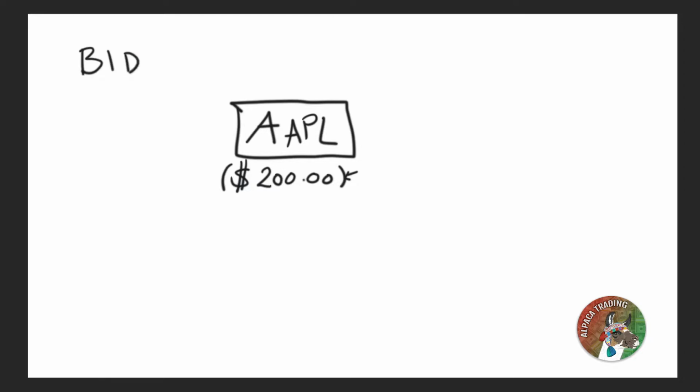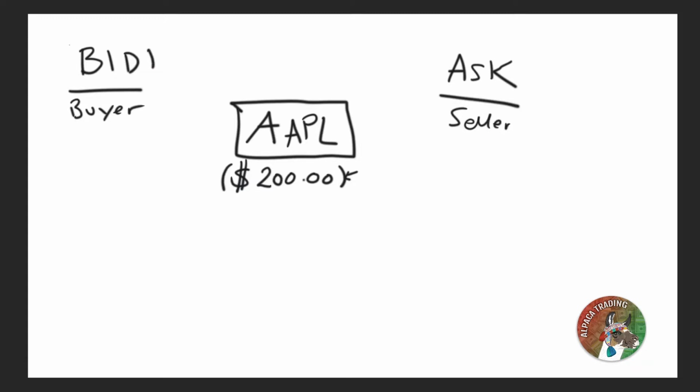as with any market, you are going to have two players. You're going to have a buyer and a seller, right? But for our technical purposes, we call a buyer the bid side and a seller the ask side.